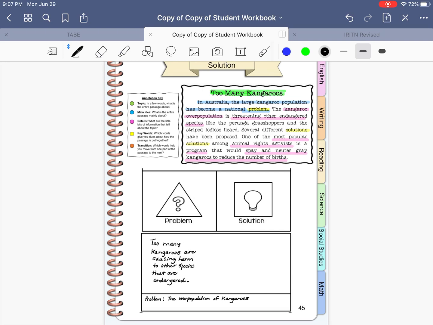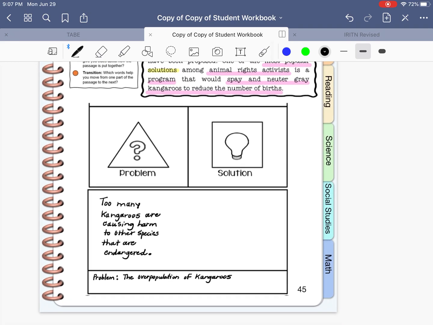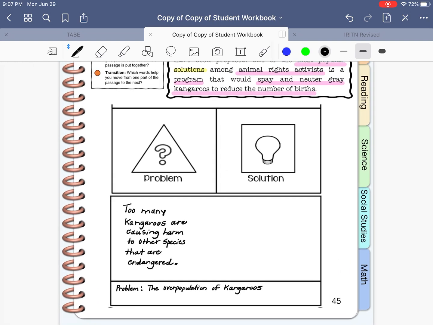So what is a solution to this specific problem? One solution, one possible solution, if you lift up that door, some say, or some propose, to spay and neuter. If it's a female kangaroo, it's spayed. If it's a male kangaroo, it's neutered. Kangaroos. To prevent or to reduce.